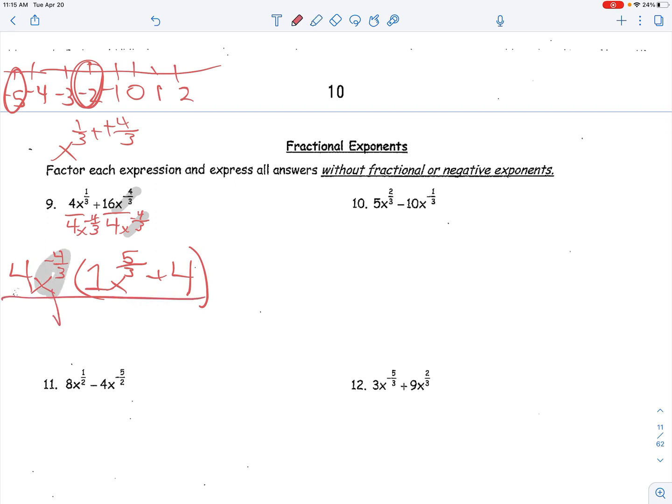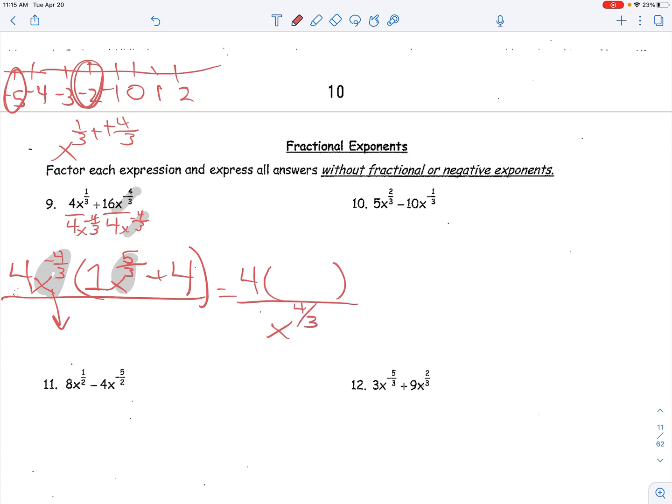All right, so a little bit more work here. X to the negative 4/3, we're going to move to the denominator, but we also now have to change that, right? That's a fractional exponent. They don't want fractional exponents. We got to change it to a radical, right? No big deal. Power over root. So this is going to equal 4.